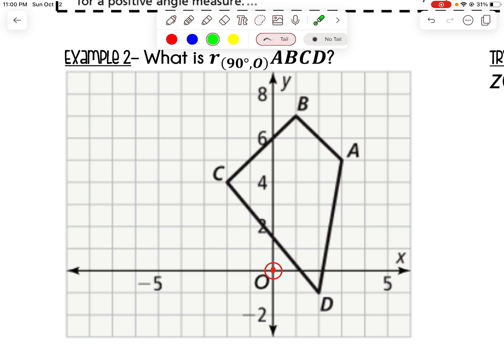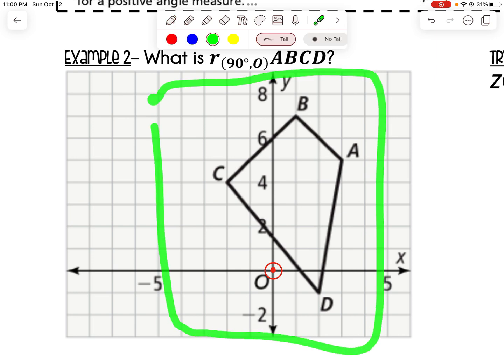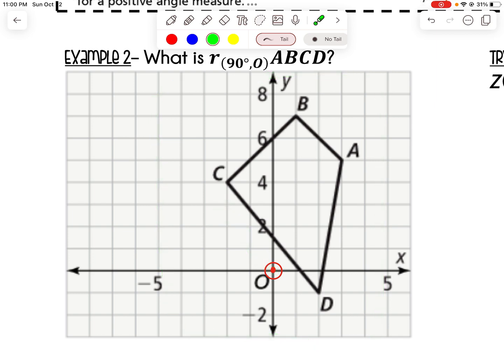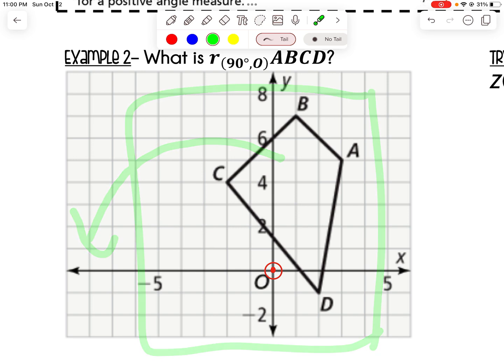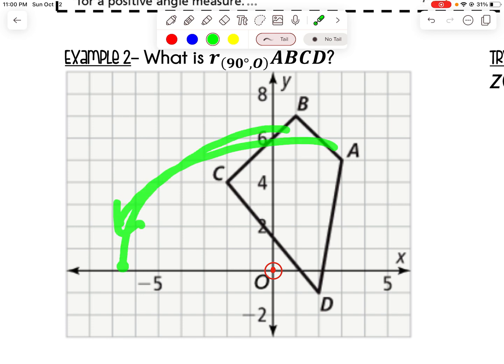Now, as you trace this in the center of rotation, the next thing that you're going to do is put your pencil right there. Hold your pencil down at that center of rotation, and then rotate the whole paper 90 degrees, or a quarter turn. That's another way to kind of think of it. 90 degrees is a quarter turn. 180 degrees is a half turn. 270 degrees is 3/4 of a turn.